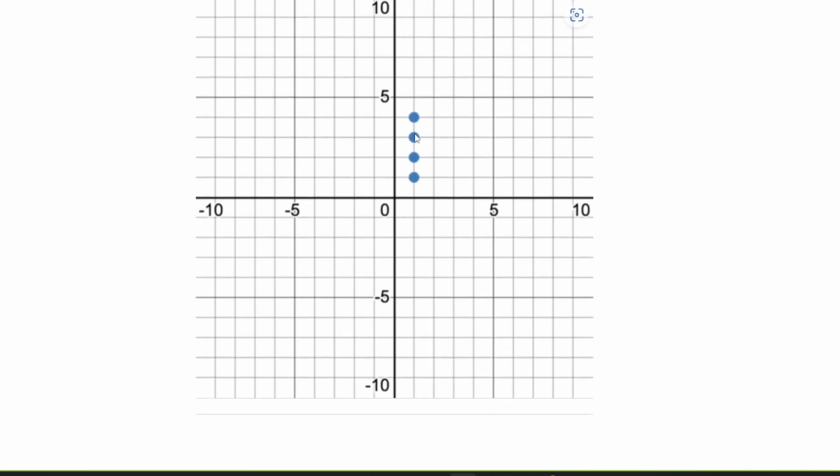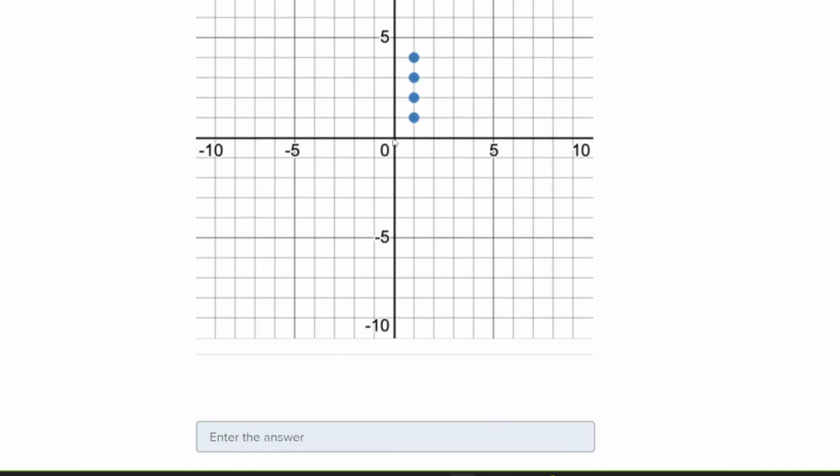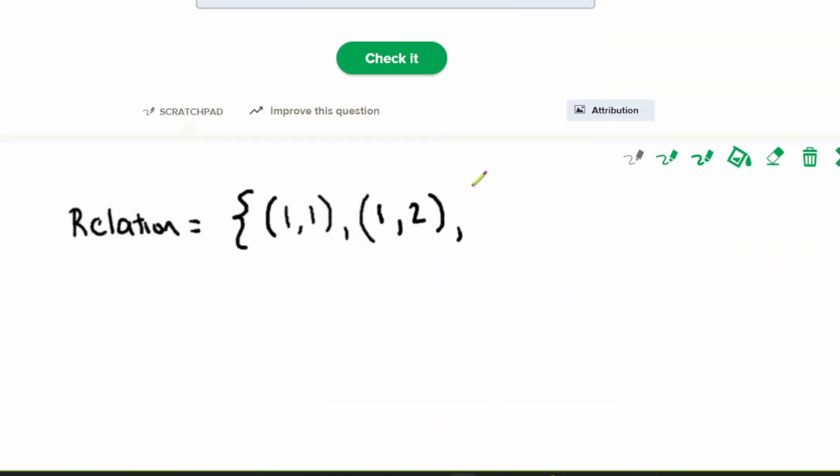The third point from the bottom of these four is in line with 1 on the x-axis and 3 on the y-axis, right? So the ordered pair representing that point is 1, comma 3. That's x-coordinate 1, y-coordinate 3.